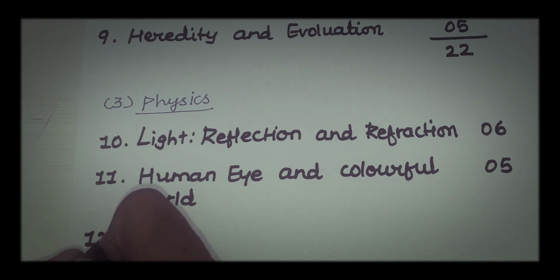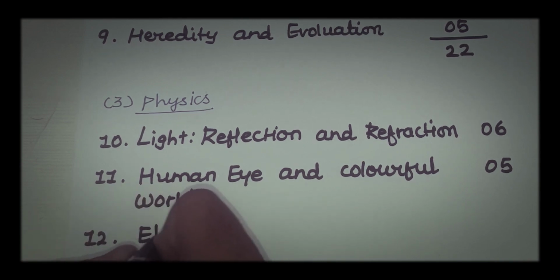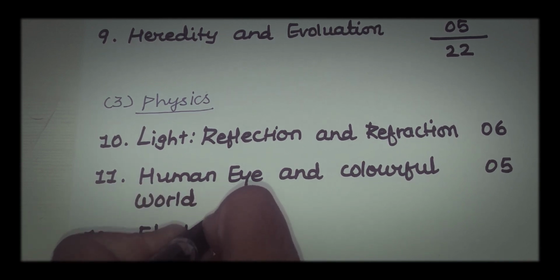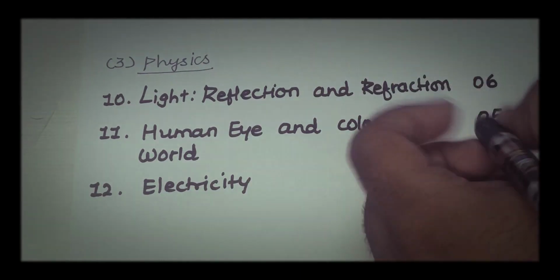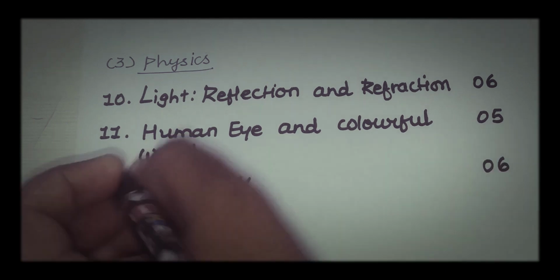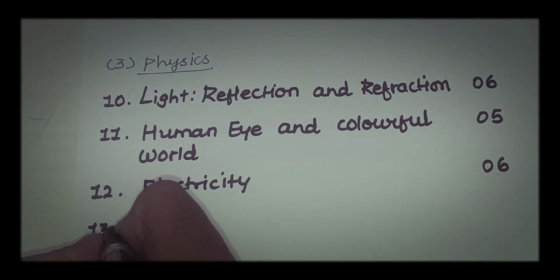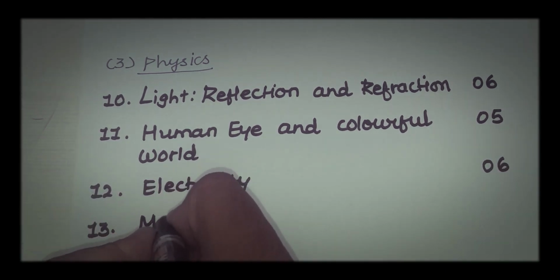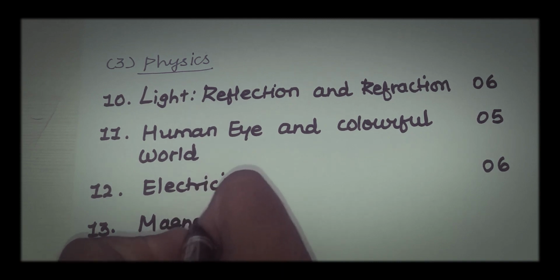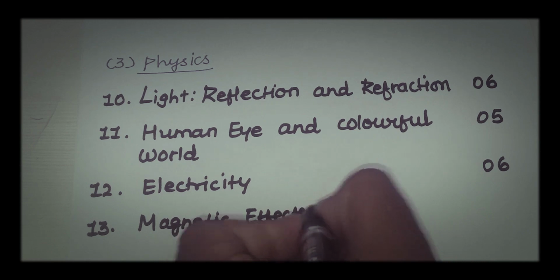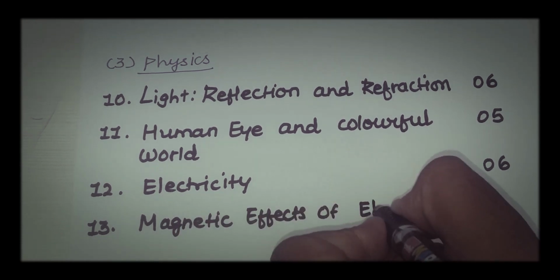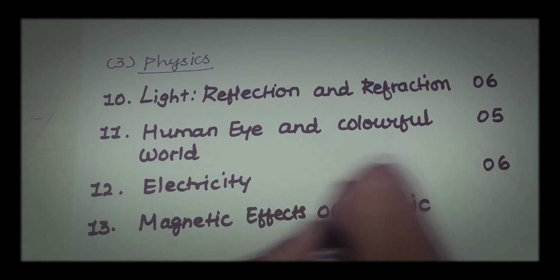Then the next chapter is the 12th one, electricity. The weightage of electricity is 6 marks. The 13th one is magnetic effects of electric current.